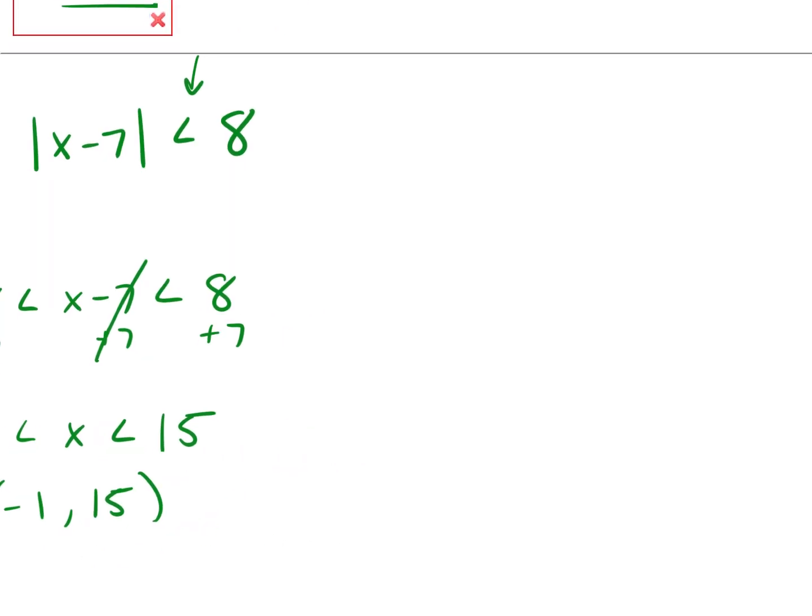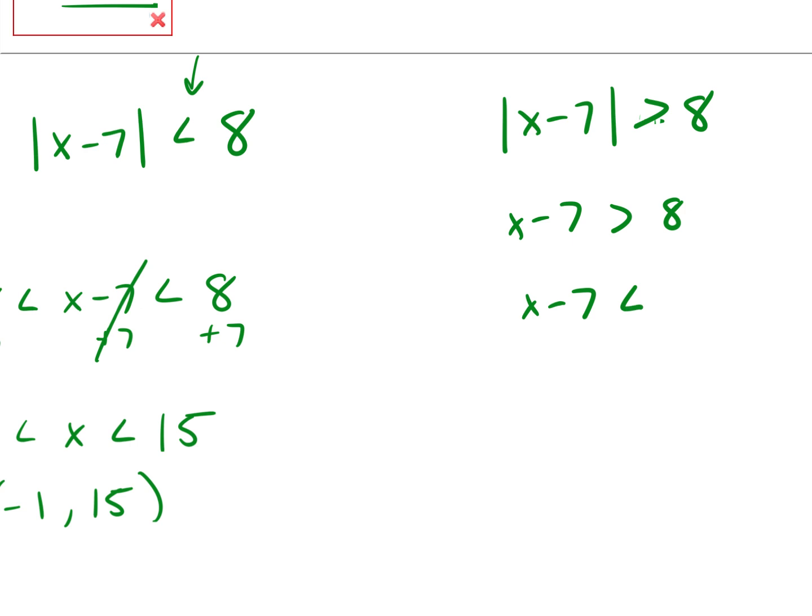So if this was the absolute value of x minus 7 is less than 8, oops, sorry, we just did less than. Let's say that this was greater. Greater, we split it up into 2. So it'd be x minus 7 is greater than 8, and x minus 7 is less than negative 8.